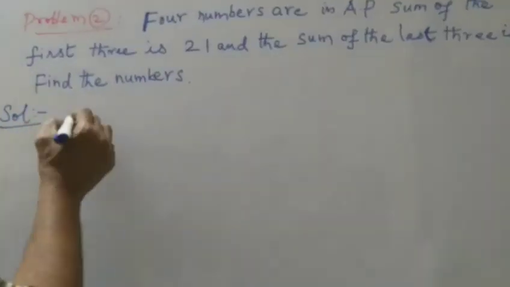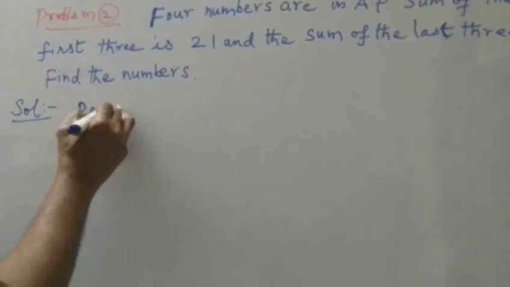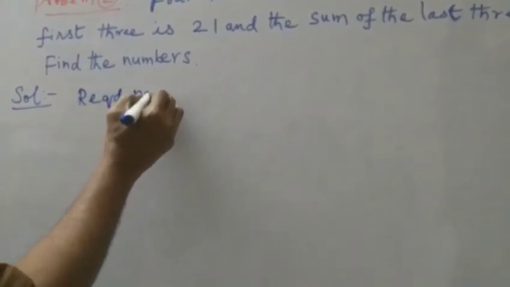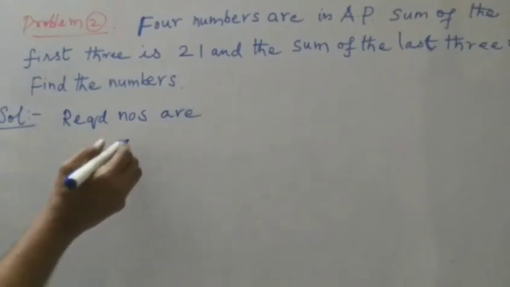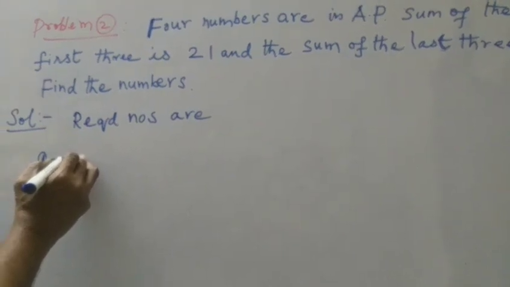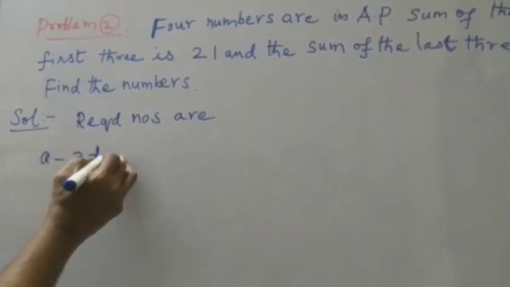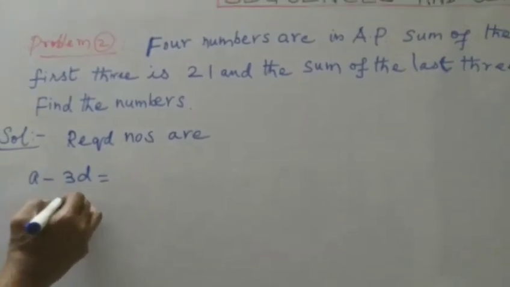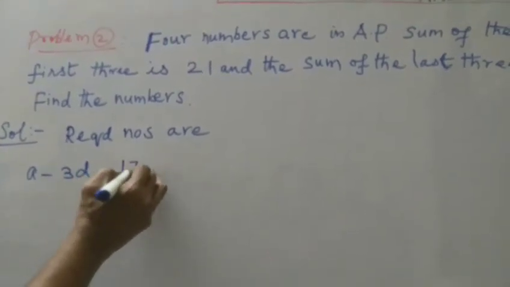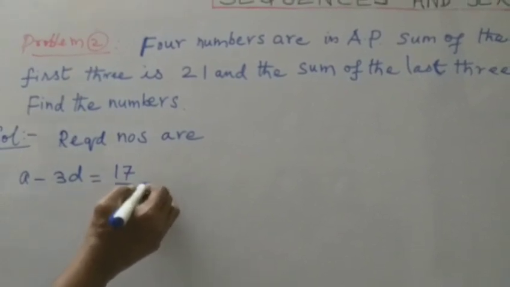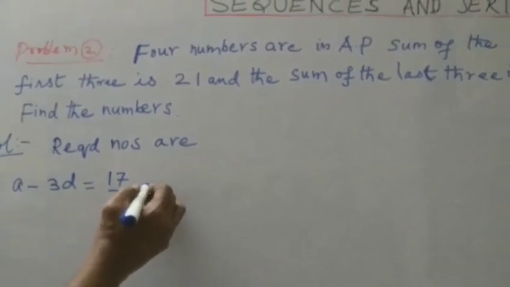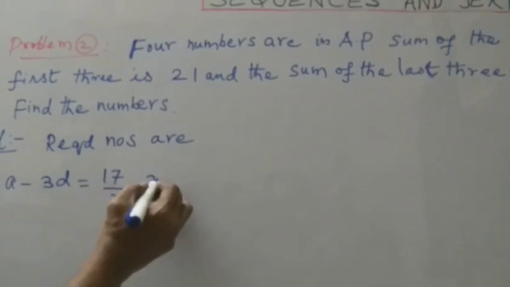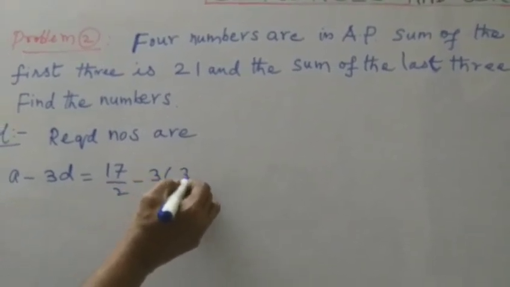The required numbers are a minus 3d. We got the a value, substitute here, a value that is 17 by 2 minus, we got the d value also, that is 3 of 3 by 2.